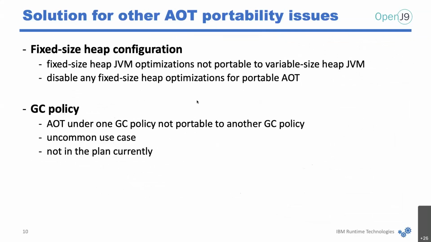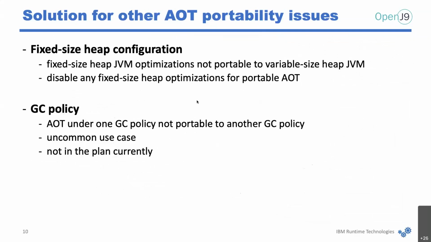As for the other portability issue, which is that the fixed size heap optimizations are not portable to variable size heap JVMs, the solution is to turn off the fixed size heap optimizations for portable AOT.